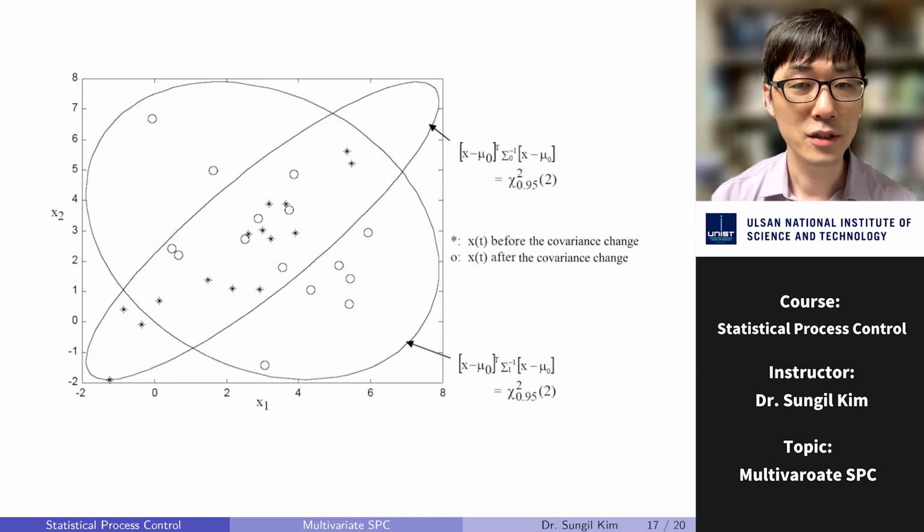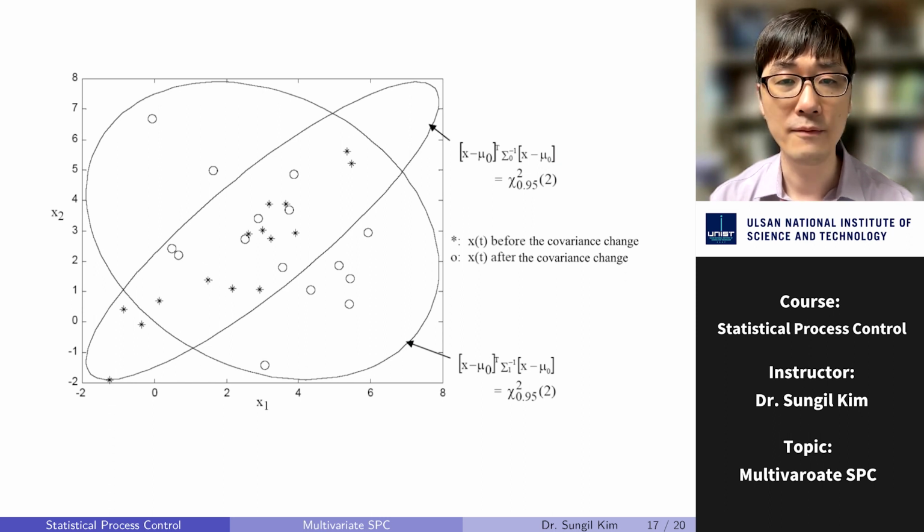Okay, this figure shows sample data from two different multivariate normal distributions having the same mu 0 but different covariance matrices. Also, it shows the corresponding 1 minus alpha quantile of a chi-square distribution.